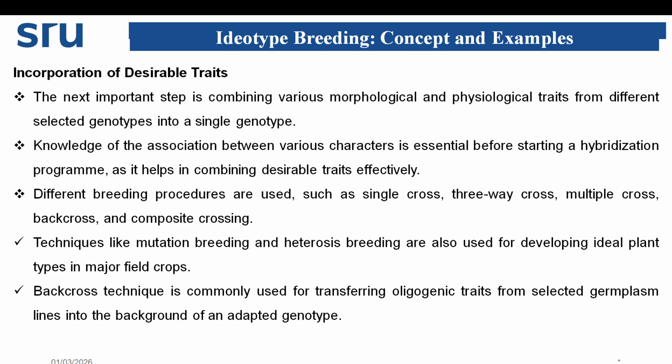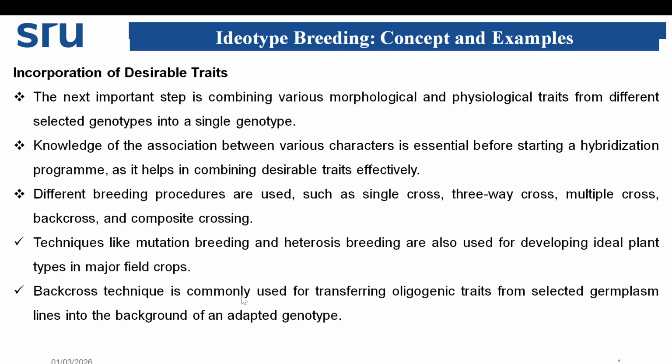So all these breeding methods are available. You can follow the breeding methods and incorporate the desirable trait. Techniques like mutation breeding and heterosis breeding are also used for development of ideal plant types, specifically in major field crops.